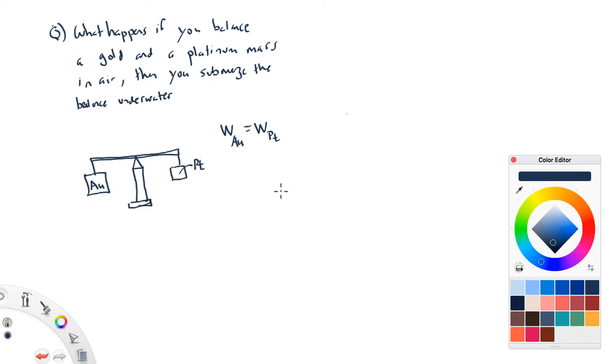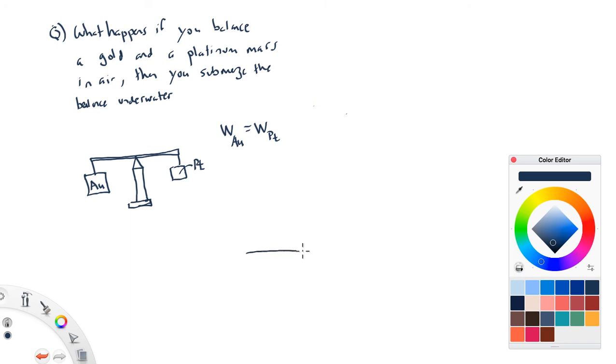Now, what happens if you were to take this whole situation and you were to put it underwater? So we take this exact, here, let me try to do this. I'll just redraw it.